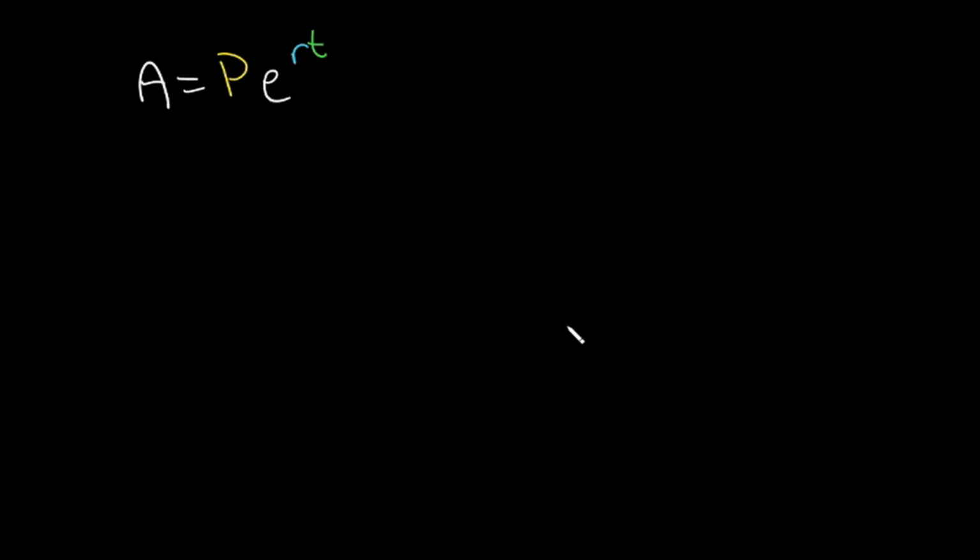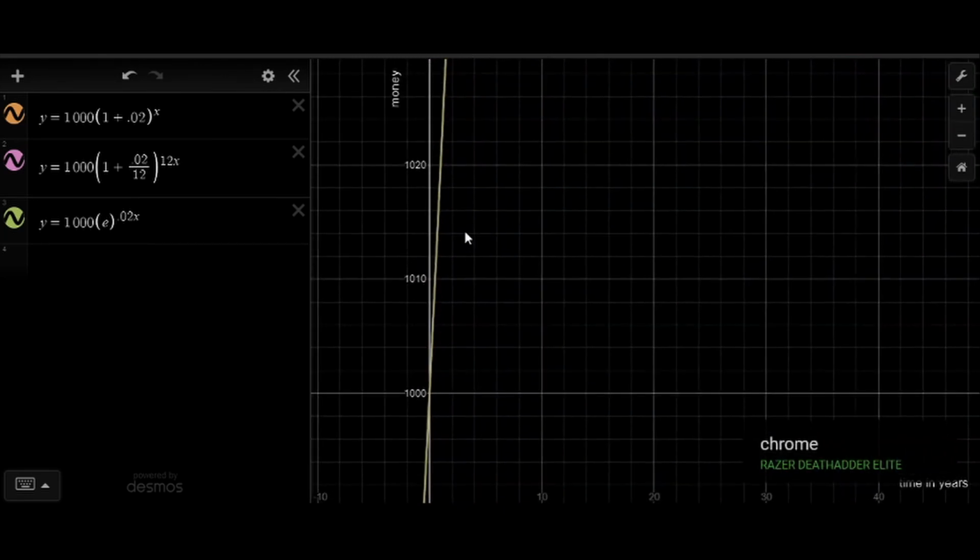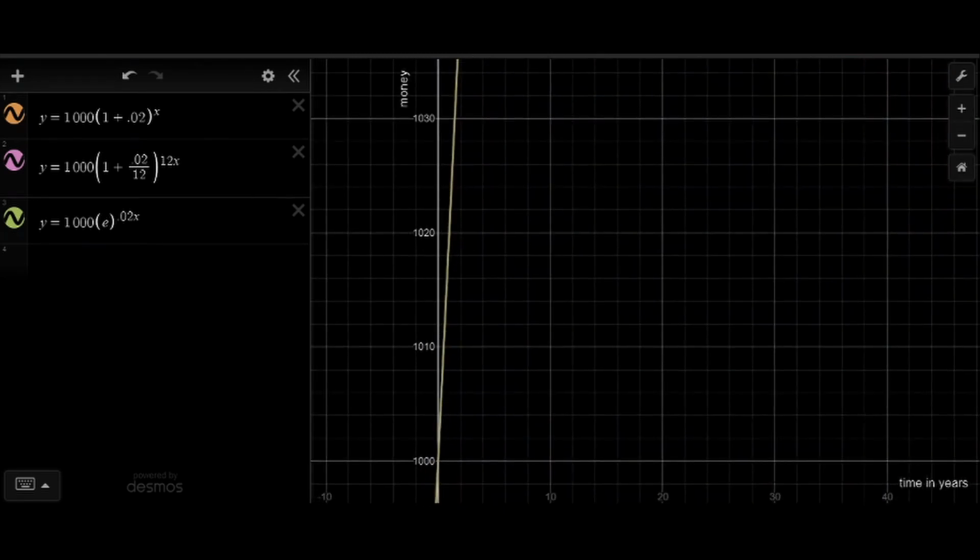So now let's look at some graphs to compare continuous compounding, annually, and monthly. This is going to be a little hard to see because these lines are very close. So here in orange we have it compounded annually, in purple it is compounded monthly, and in green it is compounded continuously.